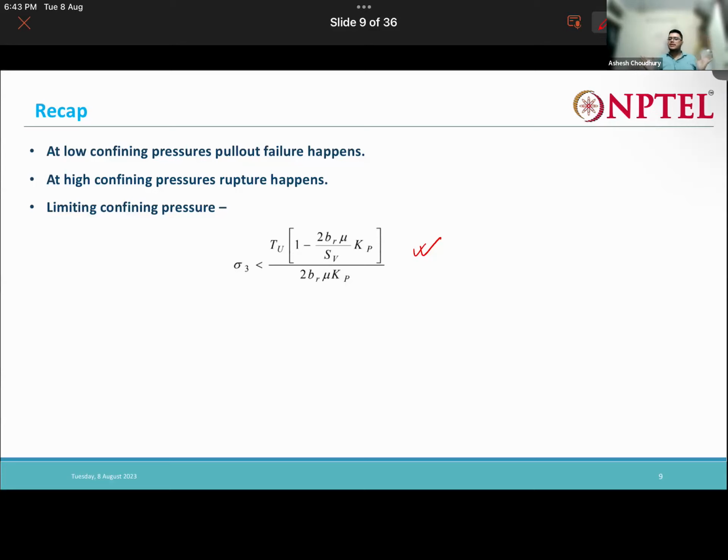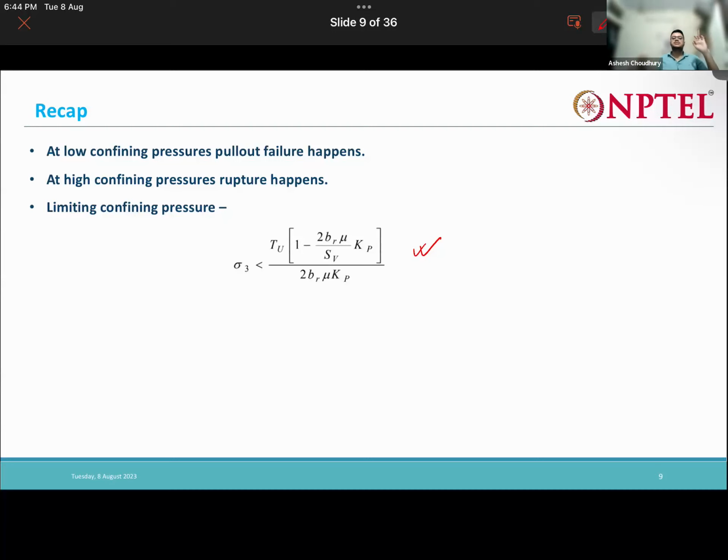You can just visualize it. Obviously, if the confining pressure is high, the mobilized shear resistance is expected to be much higher than the ultimate tensile strength of the geosynthetic material.